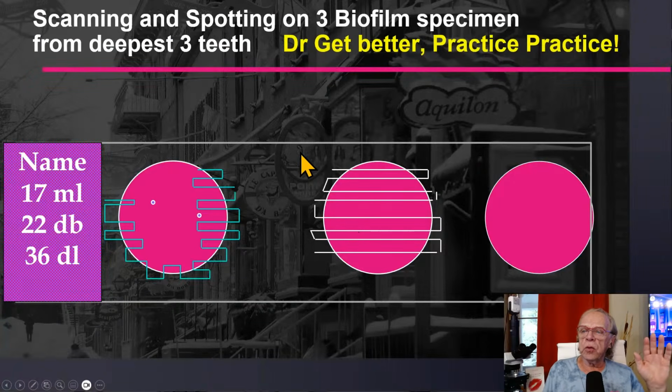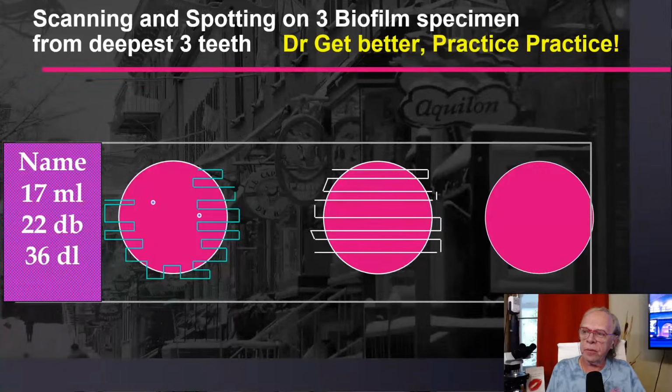So what we do is we take three samples from the patient, three areas in the mouth where you have the deepest pockets. So we take deep ones. We take three, one on each side of the mouth preferably, and the deepest one.